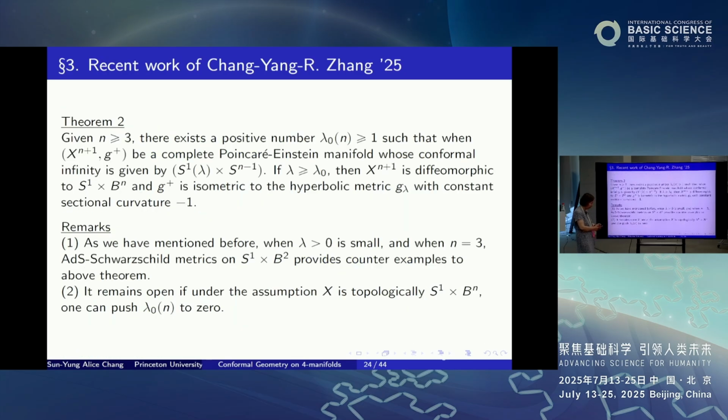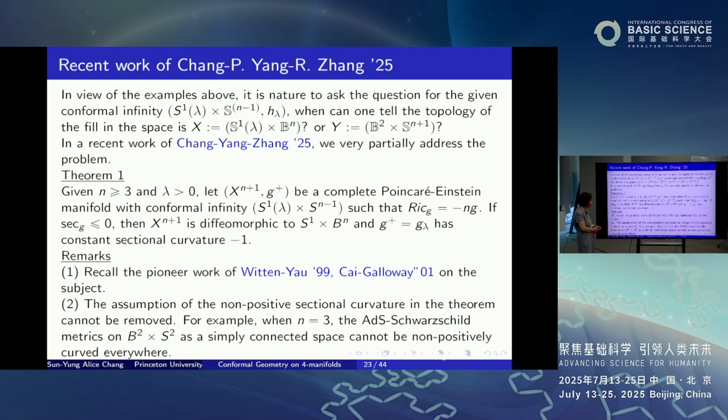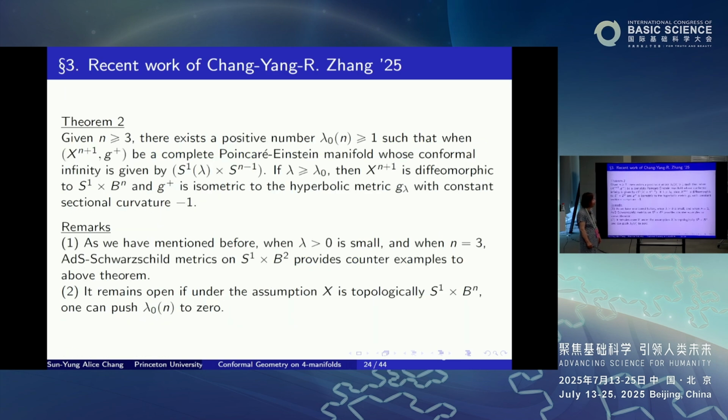And the second theorem we have is, so this says that suppose this condition is satisfied, then we know the extension. And the second theorem says, indeed, when lambda is sufficiently large, given n, then this sectional curvature condition is satisfied and the metric is unique. Okay, so we have a uniqueness result.